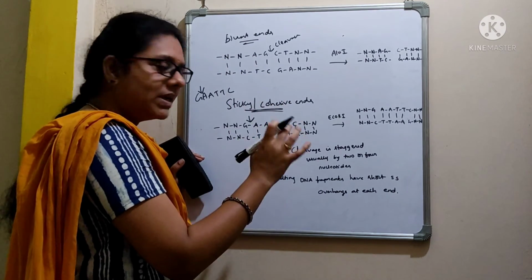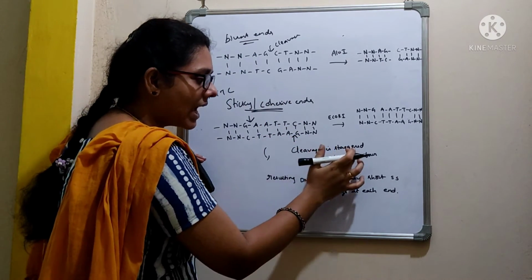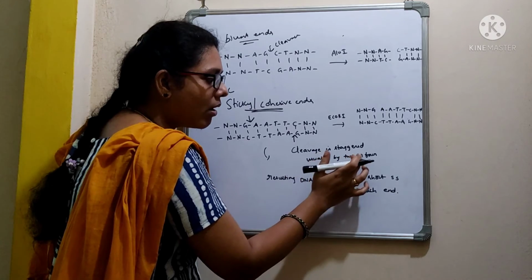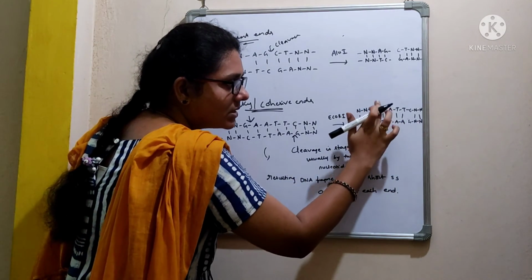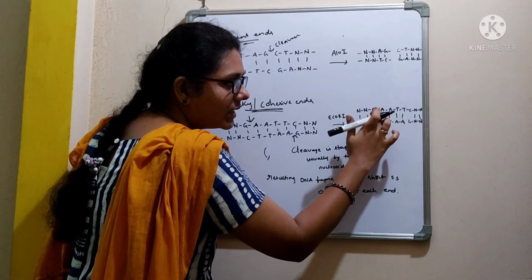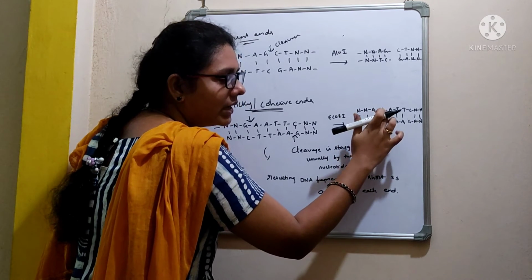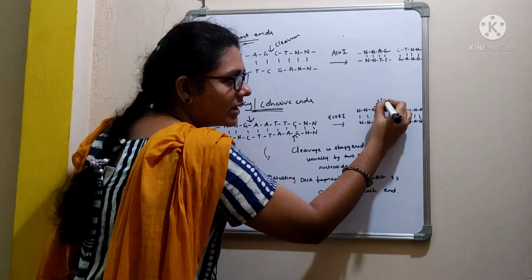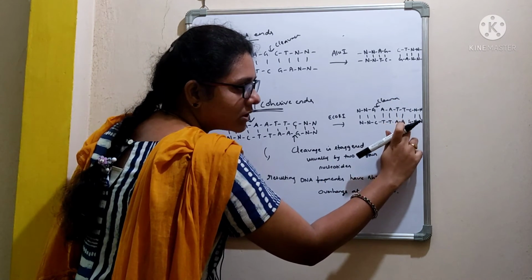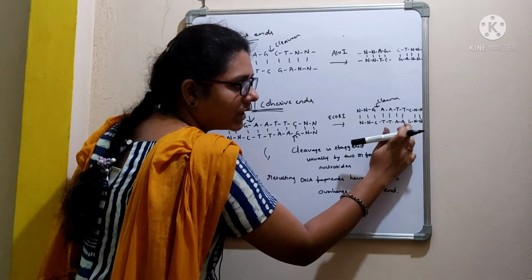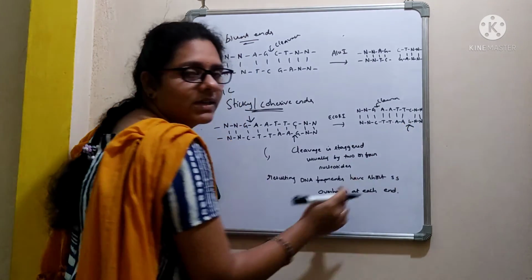So now what happens? Cleavage is staggered, usually by 2 or 4 nucleotides. Observe this picture here. There is no phosphodiester bond here in between the guanine and adenine because this is a cleavage site, right? Observe the other strand. There is no phosphodiester bond in between guanine and adenine. This is another cleavage site.